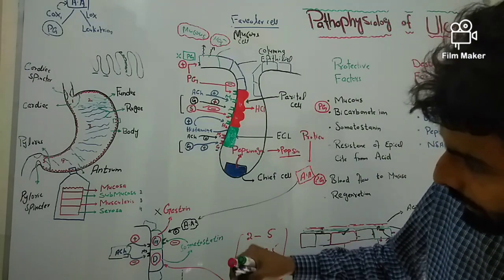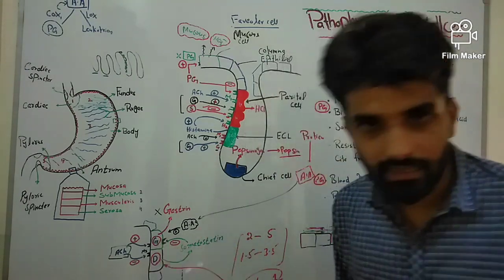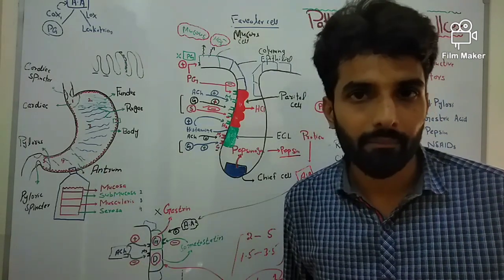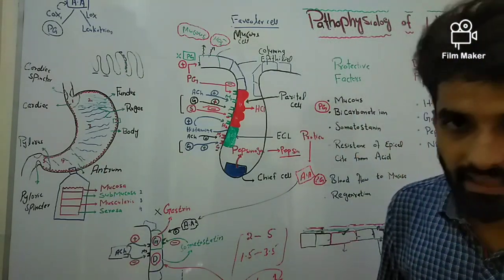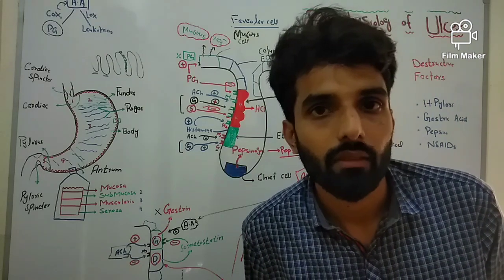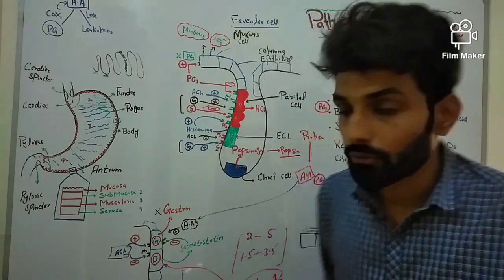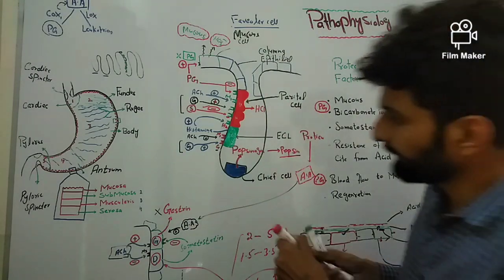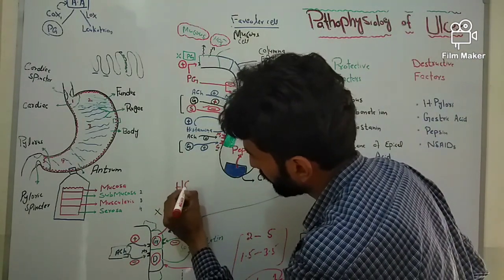Here you can see two important cells, G cell and D cell, present in the gastric pit of the antrum. These G cells will release gastrin, and gastrin will go and increase acid secretion.